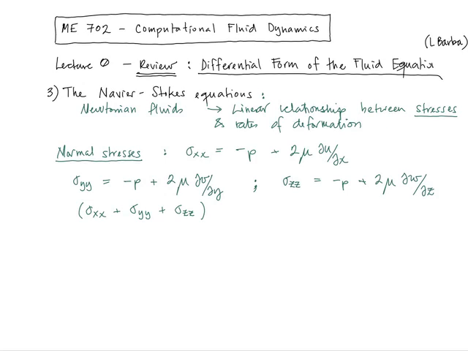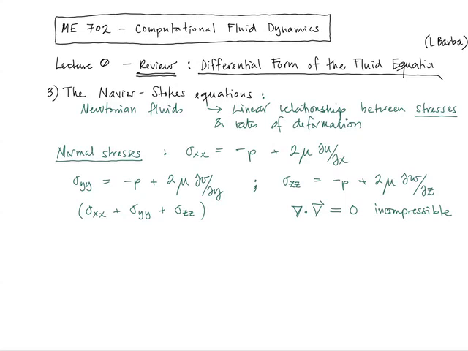And so in an incompressible flow, du dx plus dv dy plus dw dz is going to be equal to 0, because incompressibility results in the divergence of the velocity equal to 0.